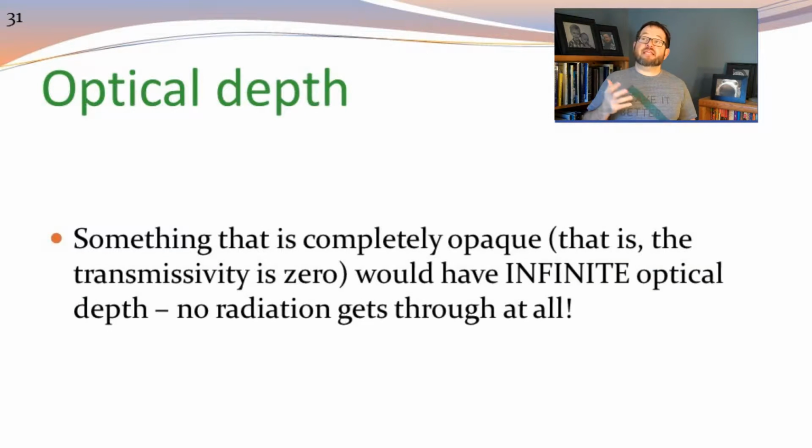So something that is completely opaque, like the ceiling in this room, exactly 0 radiation from the sunlight outside is making it through this roof. The optical depth of this roof is infinite. The transmissivity of this layer of the roof of my house is 0. Well, monochromatic transmittance, monochromatic optical depth.